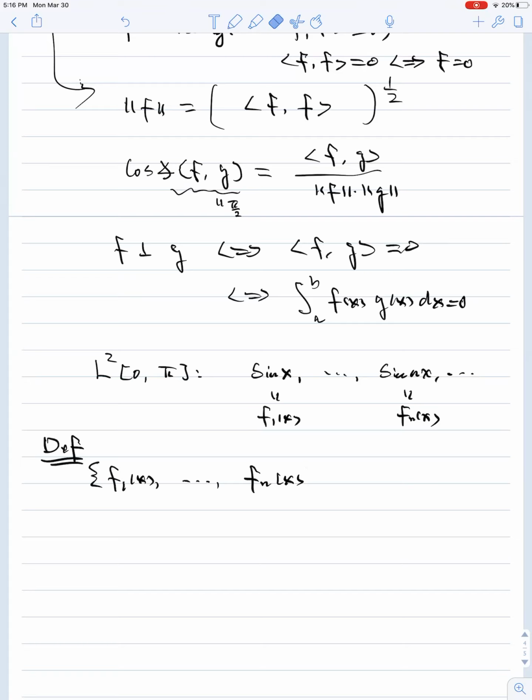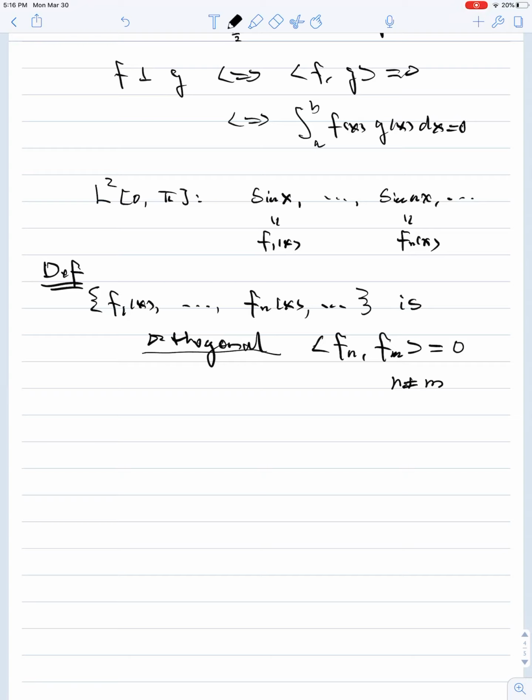It is orthogonal, which would mean that for each pair fn and fm, the inner product is 0 when n is not the same as m.